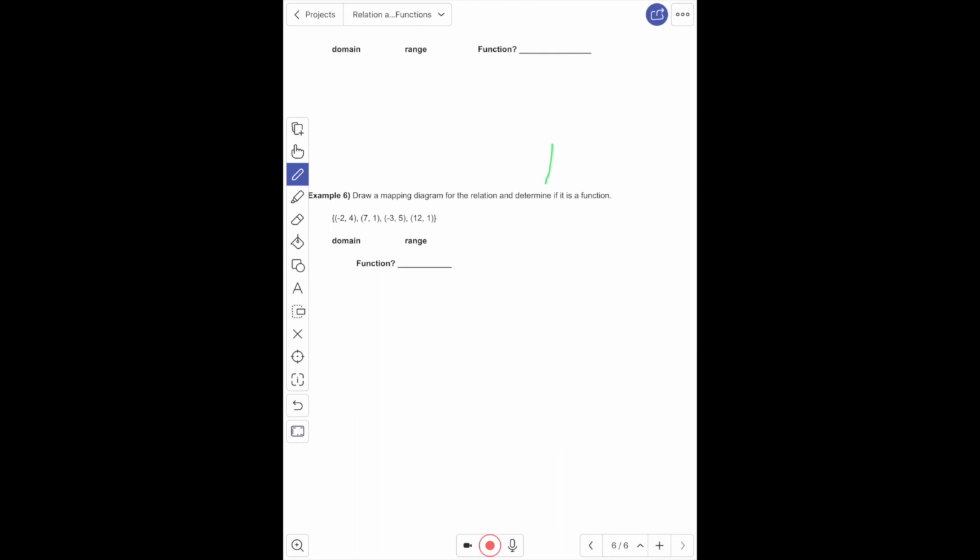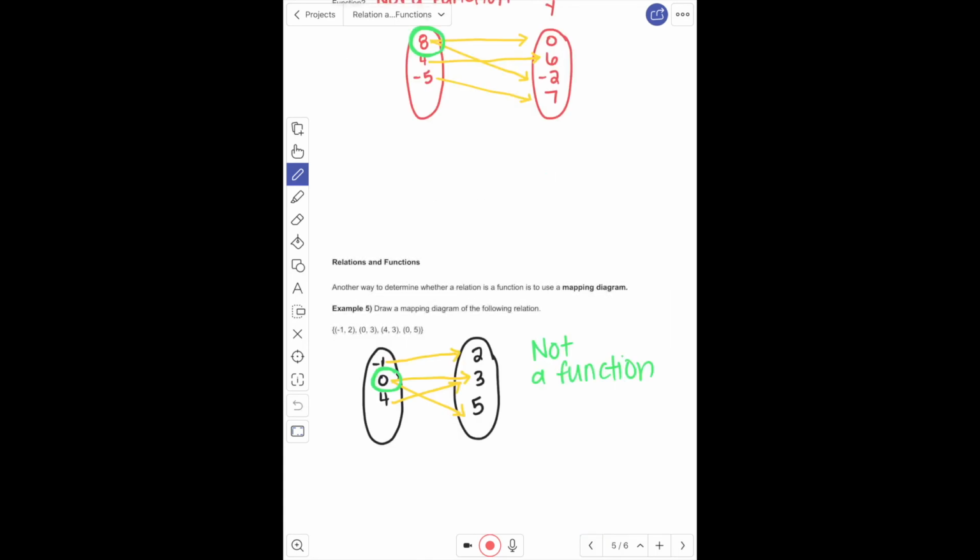All right, so my pages kind of got messed up here, but I'm asking you for the domain and the range. So what we're going to do is I'm actually going to write it on this side. And if I'm looking at the domain and the range here, so remember the domain is all my x values. So we use the squiggly brackets, they're called sets, to list those, and we list them from least to greatest.